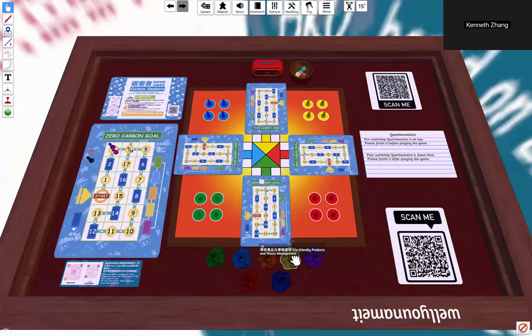So if the original occupant answers it right, then the arriving player must return to their previous position. If the player that comes later answers it correctly, the two players switch positions. If no one answers it correctly, other players can attempt to answer.